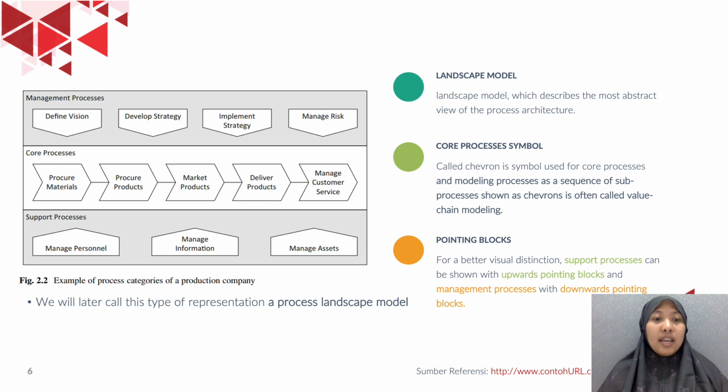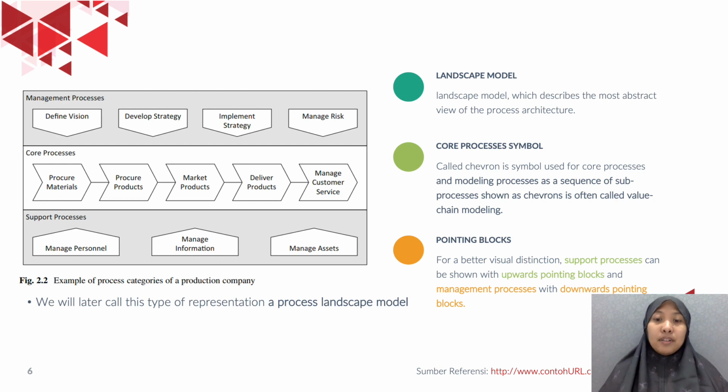You can see that we have a core process in the middle of the figure. We call the symbol a chevron. So the chevron is used for describing the core process and modeling the process as a sequence of sub-processes.